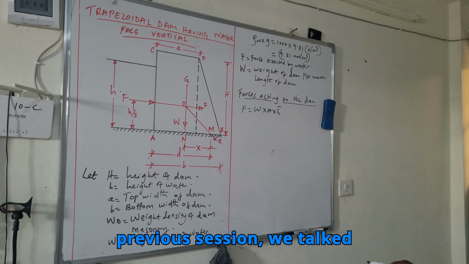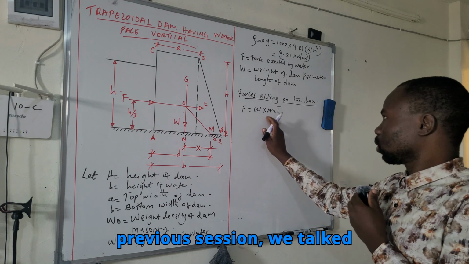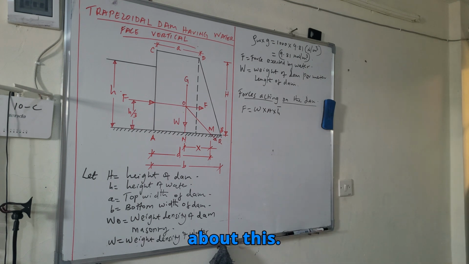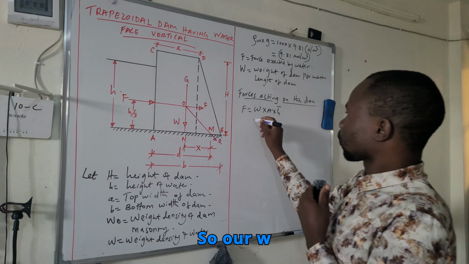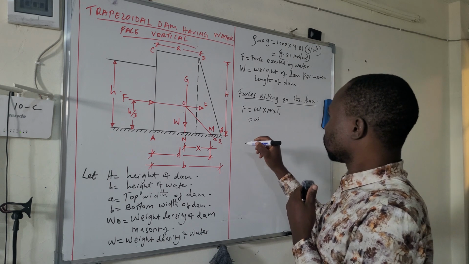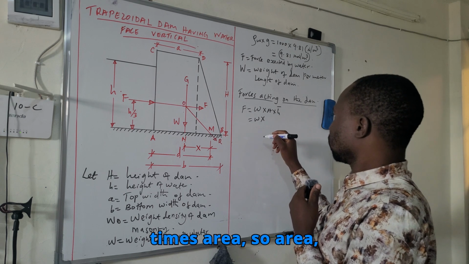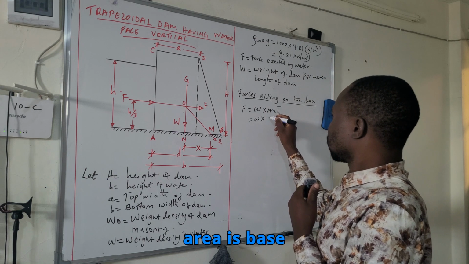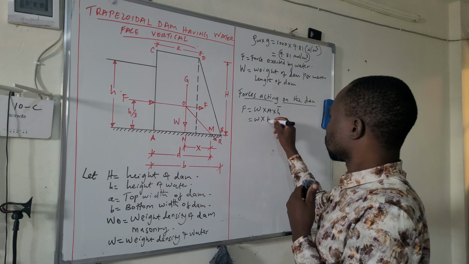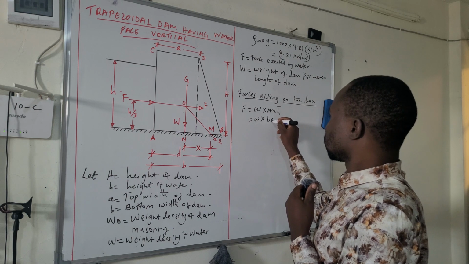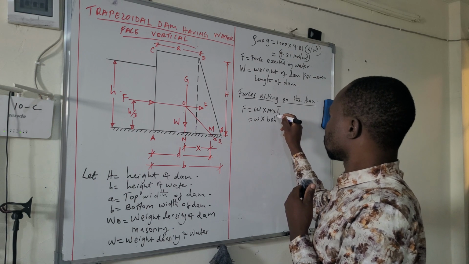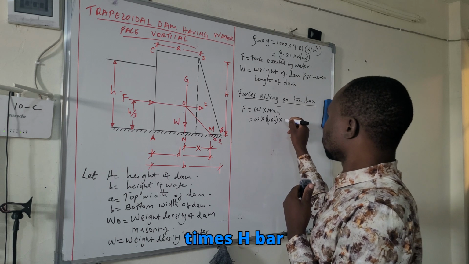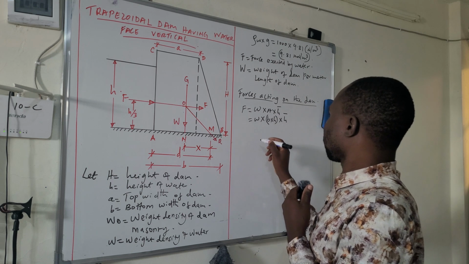Remember, in our previous session, we talked about this. So w times area; the area is base times h bar.